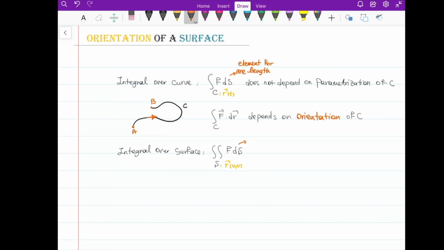Then the capital dS here is the element for surface area. And then we say that this double integral does not depend on the parameterization that we choose.